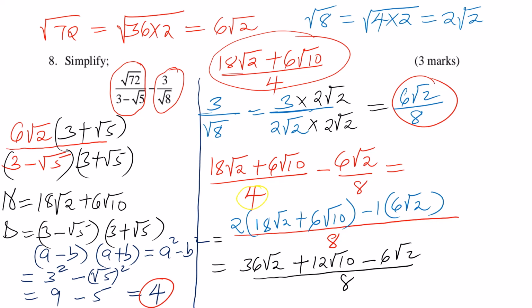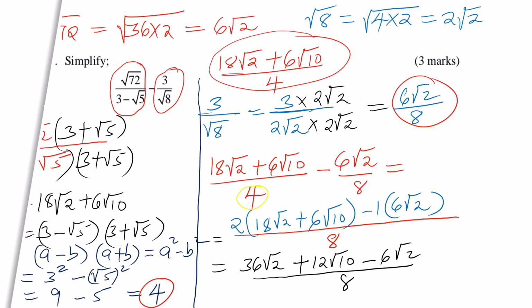So after doing that, we can collect the like terms. We have 36 root 2, subtract 6 root 2, that will give 30 root 2. So we have 30 root 2 plus 12 root 10, everything divided by 8.